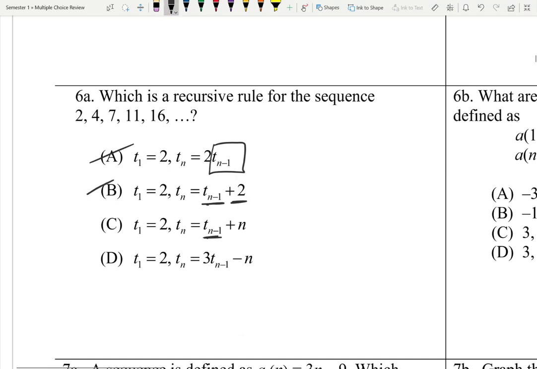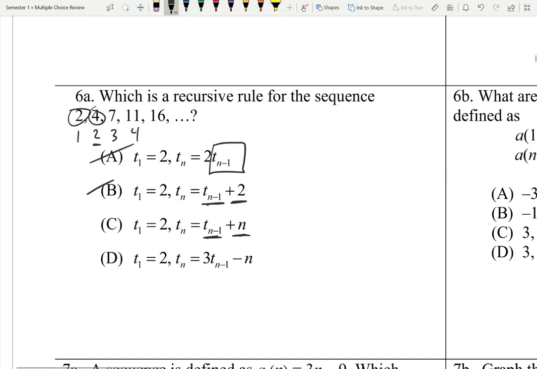This one's saying we're going to take our previous term and add the term that we're on. That's what n stands for, the term we're on. So this is our first term, second term, third term, fourth term. So at our second term, we take our previous term, which was 2, and we add the term we're on, which is 2. 2 plus 2 makes 4.